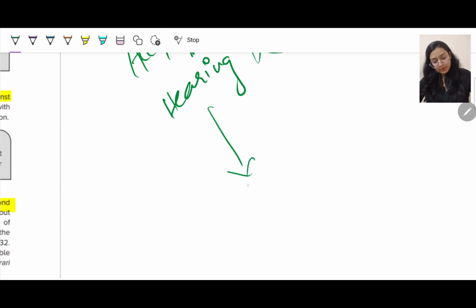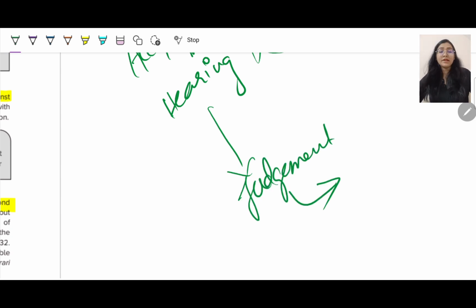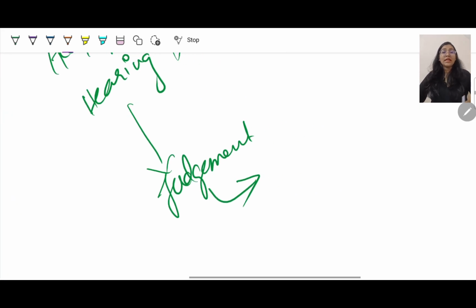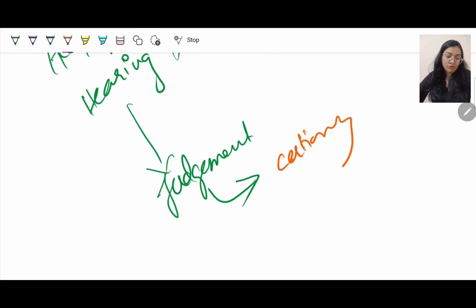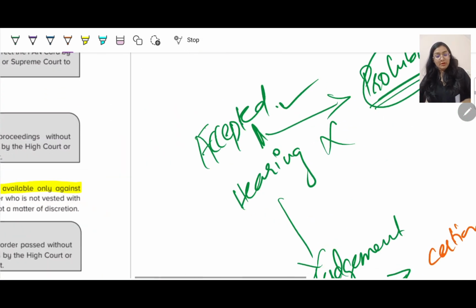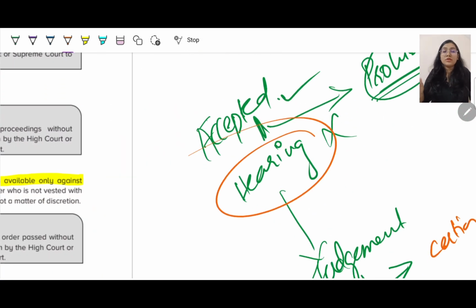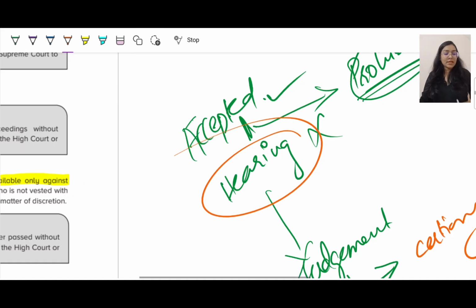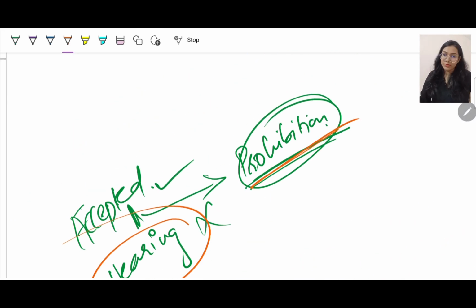After the hearing, they gave judgment. Fine. After the judgment, I realized that they were not eligible to give this judgment at all. Then I am going for certiorari. Now understand the language of what I am saying. If before the hearing itself, I understood that by mistake I went to this particular court and filed this complaint, but they don't have any jurisdiction to accept this case, then I am filing a writ of prohibition.